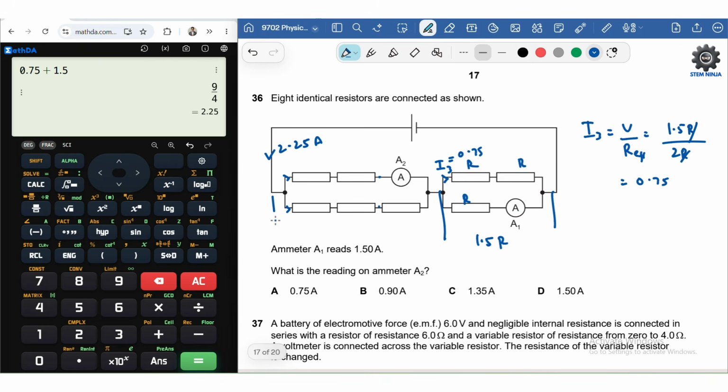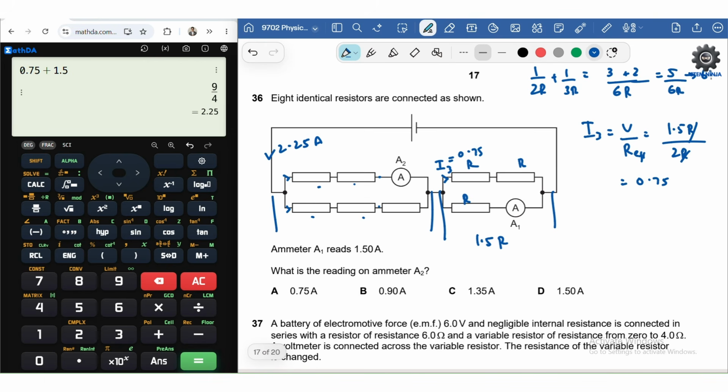If we can figure out the potential difference across this combination, we can figure out the current. So how do we do this? First off, we would need the effective resistance of this. So 1 over 2R plus 1 over 3R is equal to, with common denominator 6R, 3 plus 2 over 6R, so this is 5 over 6R.